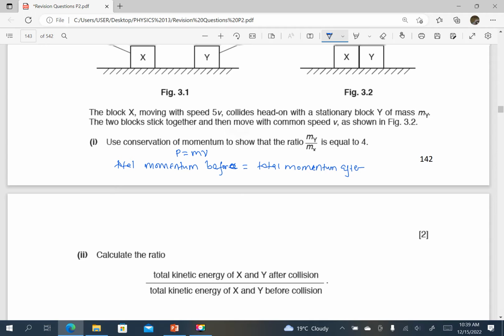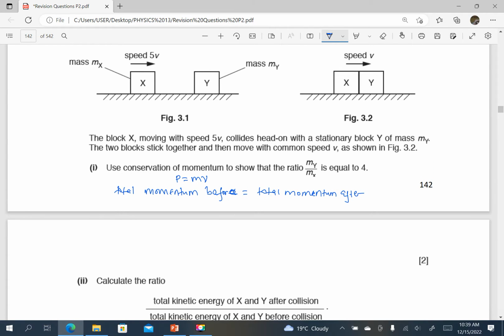So since momentum is mass times velocity, let's start with x. Its momentum is going to be its mass, I'll call it mass mx, times its velocity, which is 5v. That is the mass of x plus y was at rest, so I'll just put there 0.